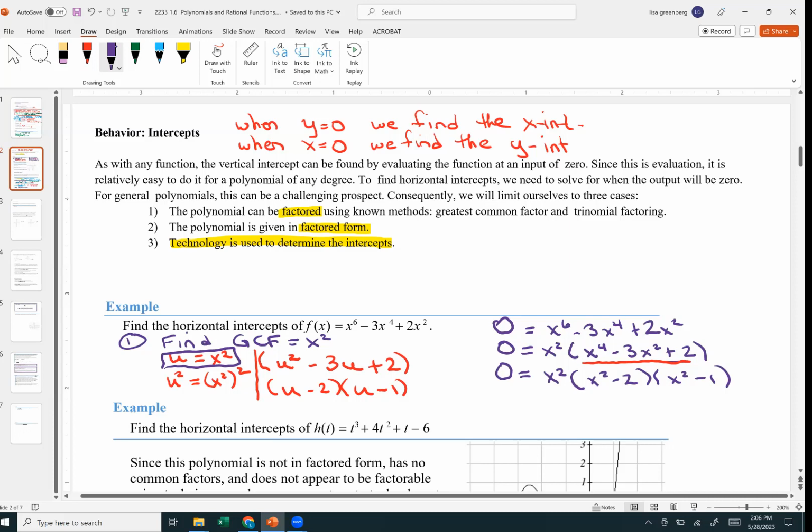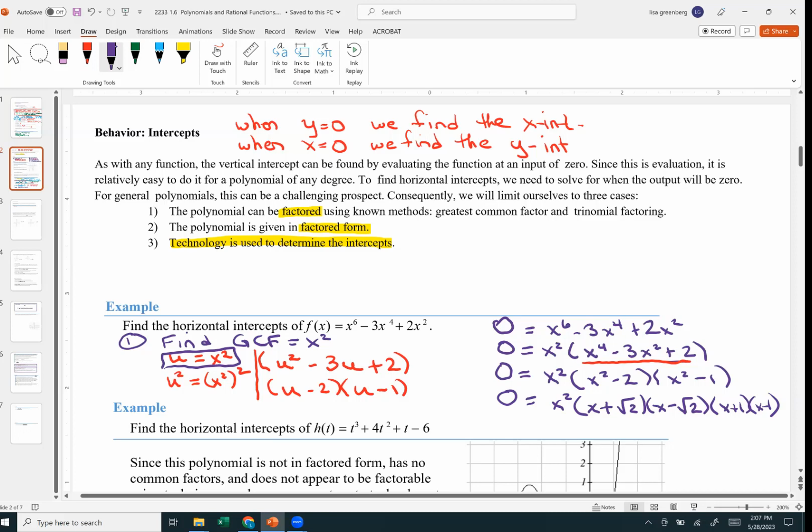Well, both of those are the difference of squares. And I know you're not used to seeing it like that, but we have 0 equals x squared. And this could be x plus the square root of 2 times x minus the square root of 2. And this is x plus 1 times x minus 1.